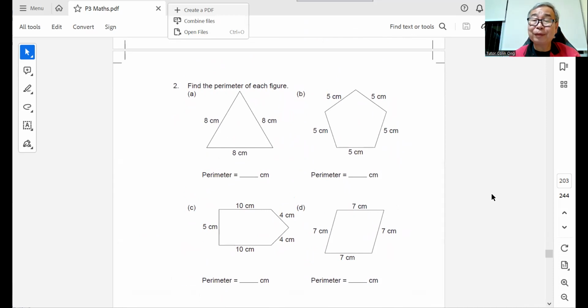I'll give you about 1 or 2 minutes to get used to it. Can you do 2A and 2B? Remember what I said? Do clockwise, start from the top.